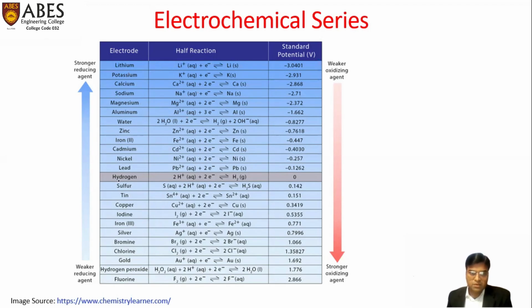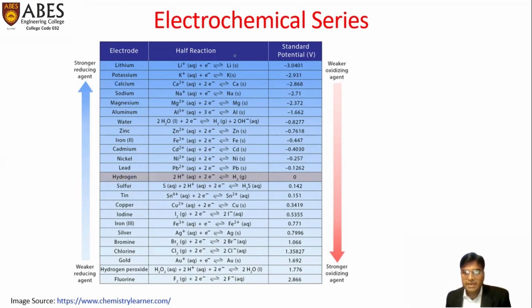The first one is that hydrogen is given as the zero reduction potential, as discussed in the slide of standard hydrogen electrode. This is given a zero reduction potential arbitrarily. The next thing we observe is that most of the metal ions are listed on top of the standard hydrogen electrode.